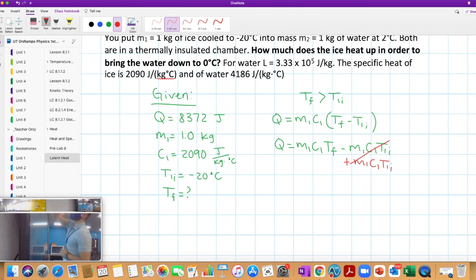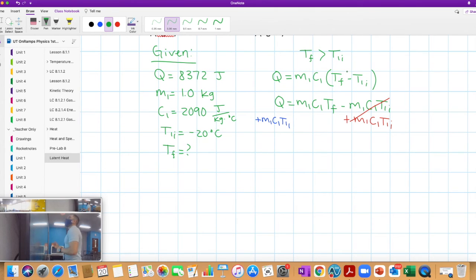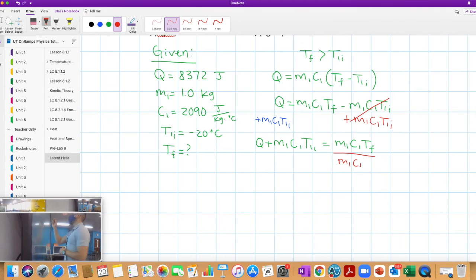This cancels. I'll use blue to show you what I'm doing over here. So then I have that heat required plus mass 1, specific heat 1, temperature 1 initial equals mass 1, specific heat 1, temperature final. I divide by the mass and the specific heat so that it cancels.